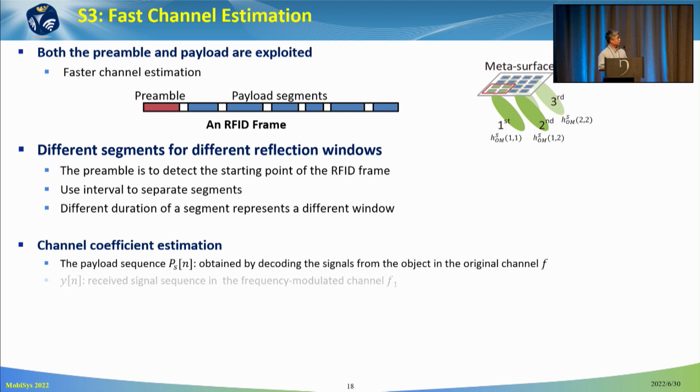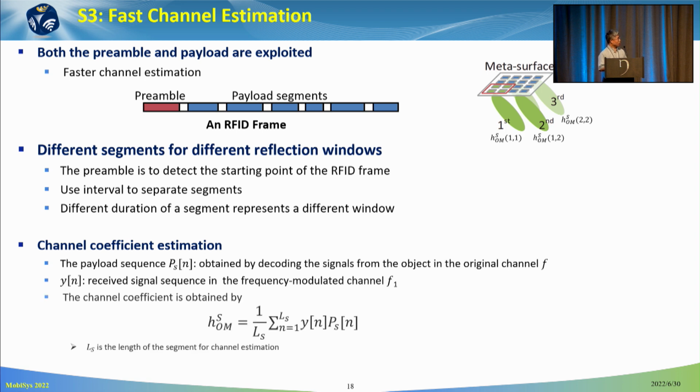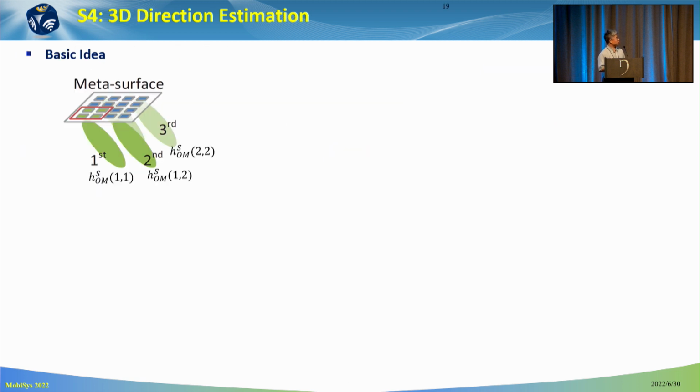But in the frequency modulated channel, we have a different sequence. That's the sequence from the reflecting window. Then we look at the correlation of those two sequences, and we will get the channel coefficient. We don't care about the amplitude of this channel coefficient, okay? We care about the phase. That's why we can use correlation here. So let's look at the 3D estimation based on the channel coefficient.